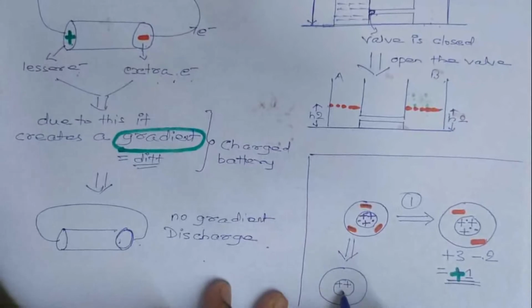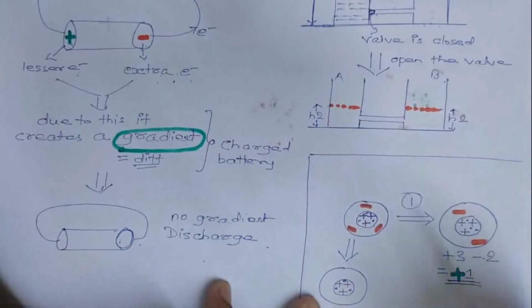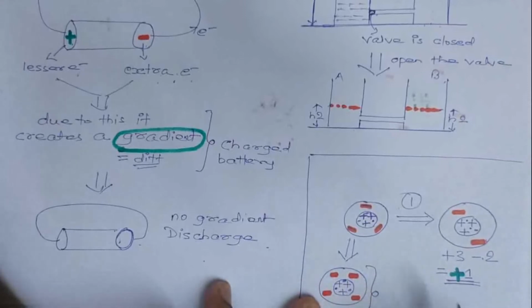As I said earlier, protons will never move. They will remain intact, but this time it has 4 electrons. And if I ask you to find out the net charge, what is the answer? The answer is +3 and -4. So how much will it come? It will come -1.